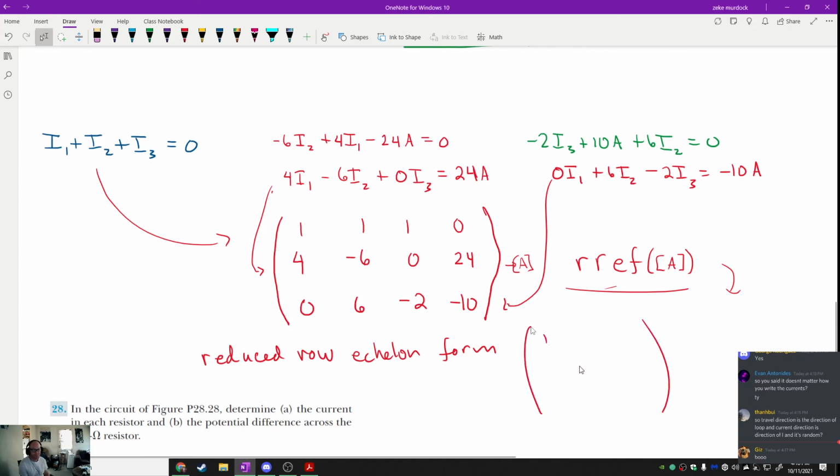It's going to be 1, 1, 1, 0, 0, 0, 0, 0, 0, and over here on the left you're going to have the answers, which in this case are 3, negative 2, and negative 1, which is the same answers that we got. What this says is that I1 equals 3, I2 equals negative 2, and I3 equals negative 1 amps.